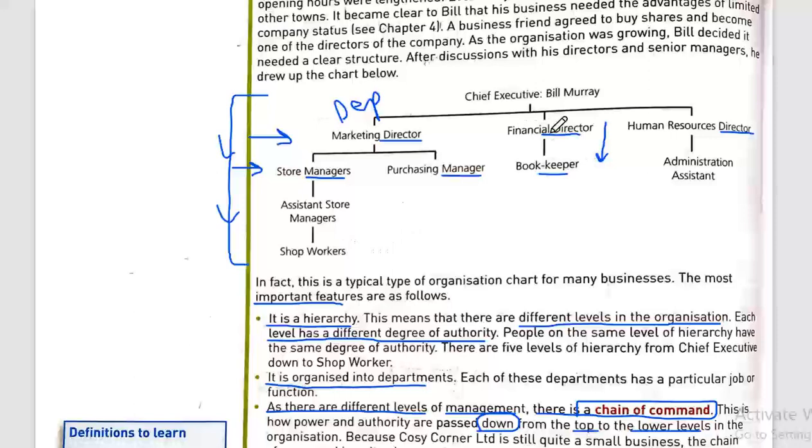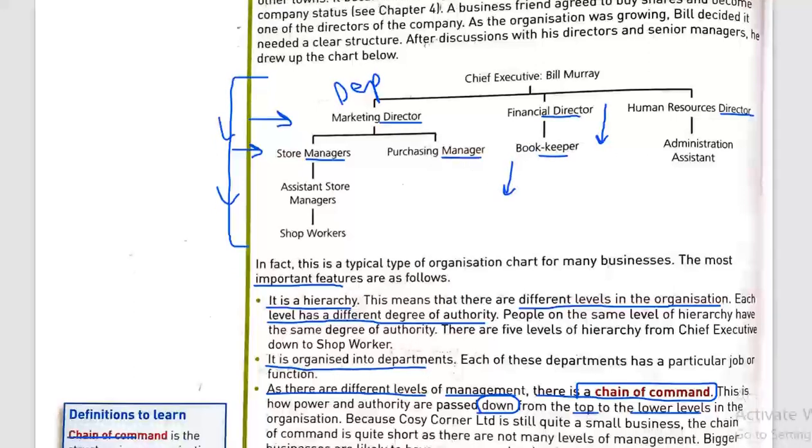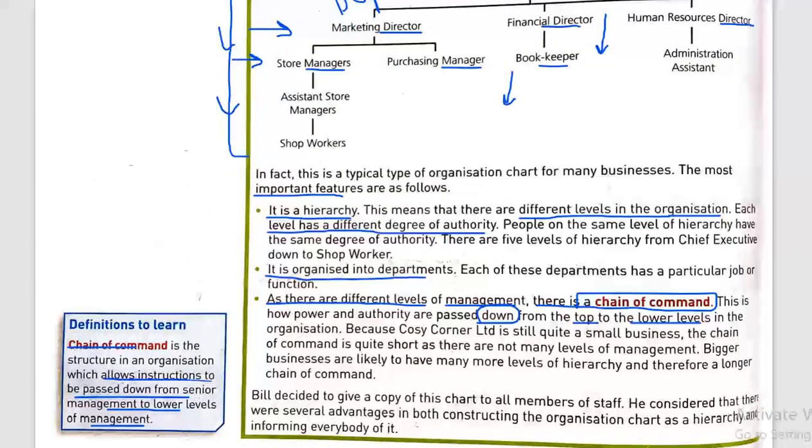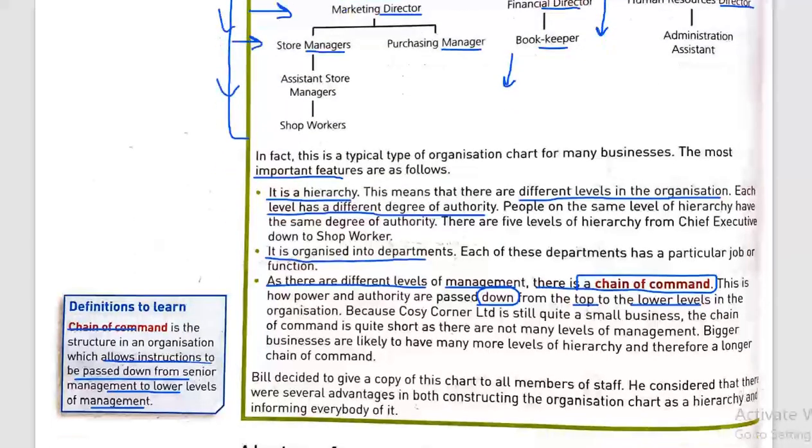When the financial director sends a command to the bookkeeper, he can send a command to all the people in lower levels of management. This is the chain of command, where the command goes from the highest level all the way to the lowest.